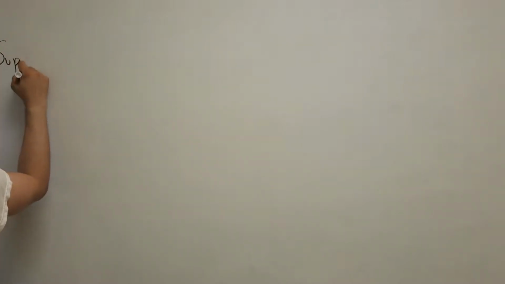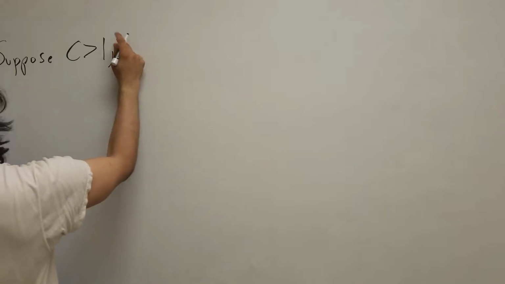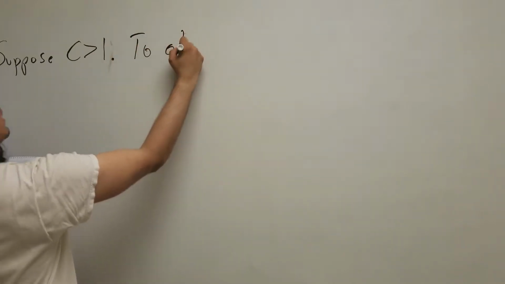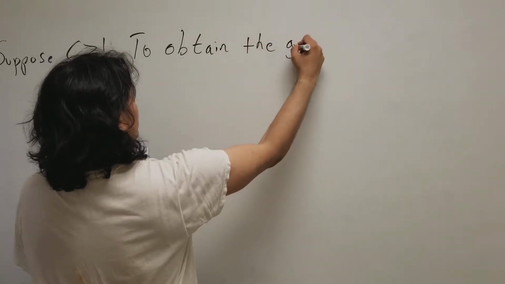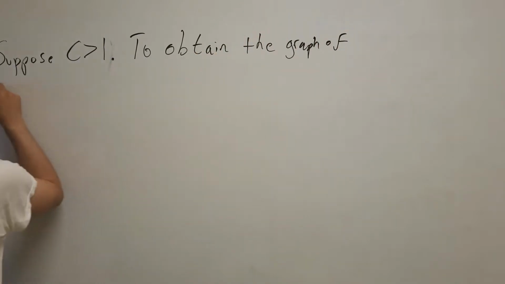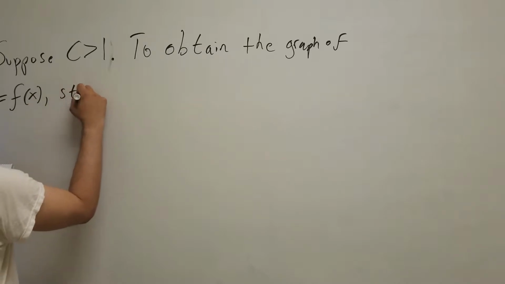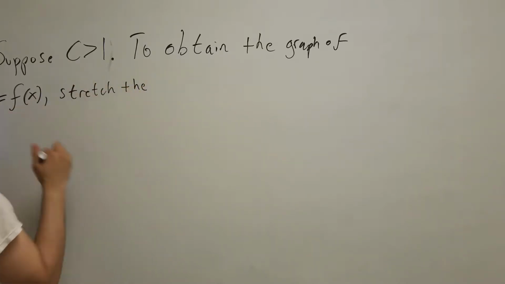Let's start off with: suppose c is a constant that's greater than 1. To obtain the graph of y equals f of x, you have to stretch. Sorry, hold on.